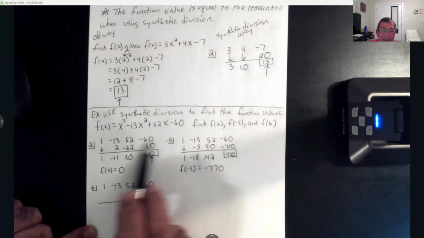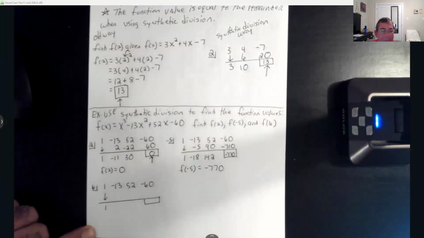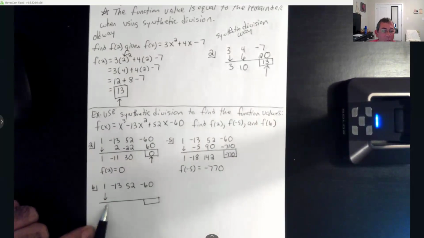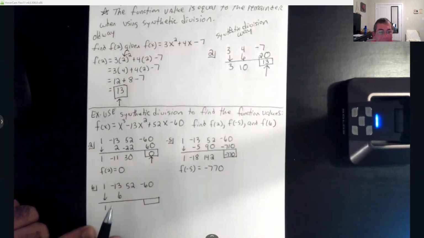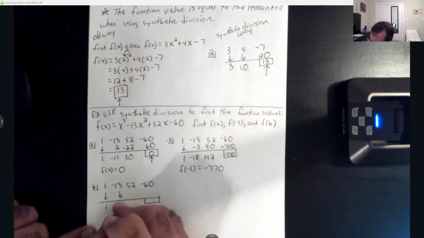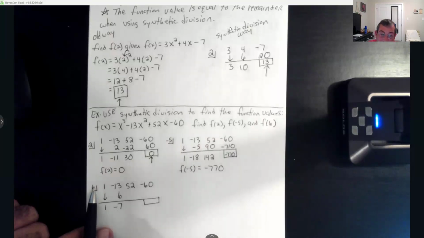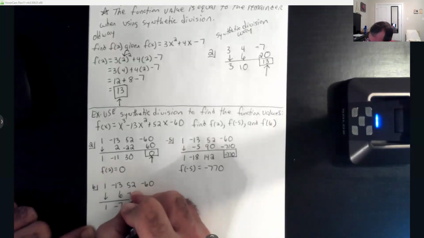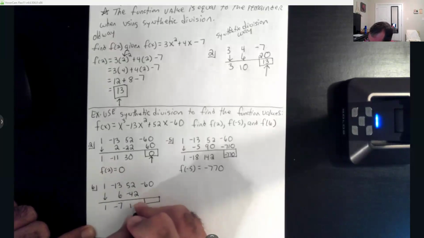So if you've noticed the pattern of the day, the first number, we're bringing down below the line. All right, 1 times 6 is 6. Negative 13 plus 6 gives you a negative 7. Negative 7 times 6 is negative 42. 52 and negative 42 leave you 10.